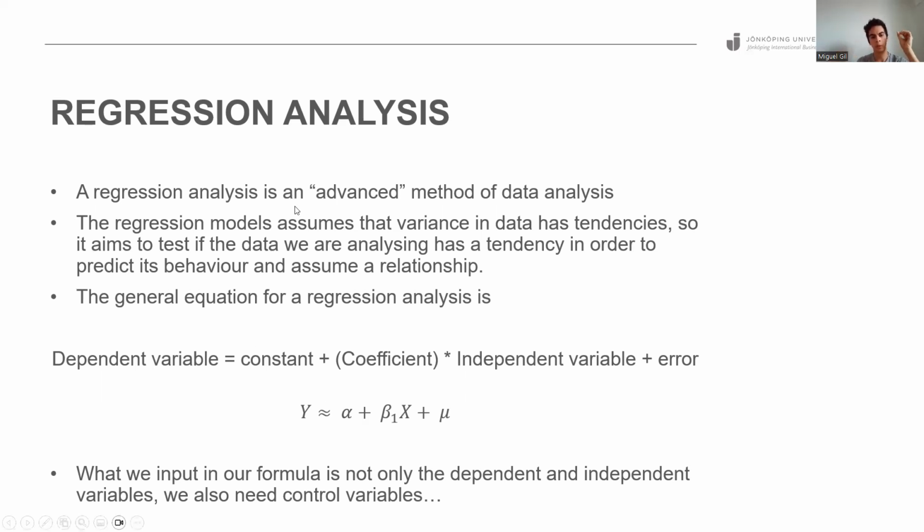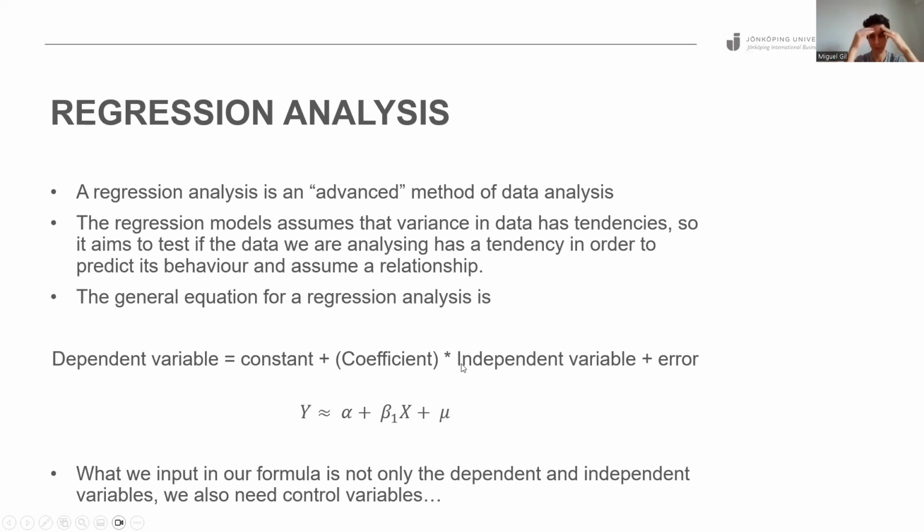If you think about it, the definition of regression is we assume that variables behave with certain tendency. That makes sense here. We assume that changes in the dependent variable are explained by a constant that always exists, plus the behavior of the other variable. That's why we want to test if this tendency of change can be related to this tendency of change.